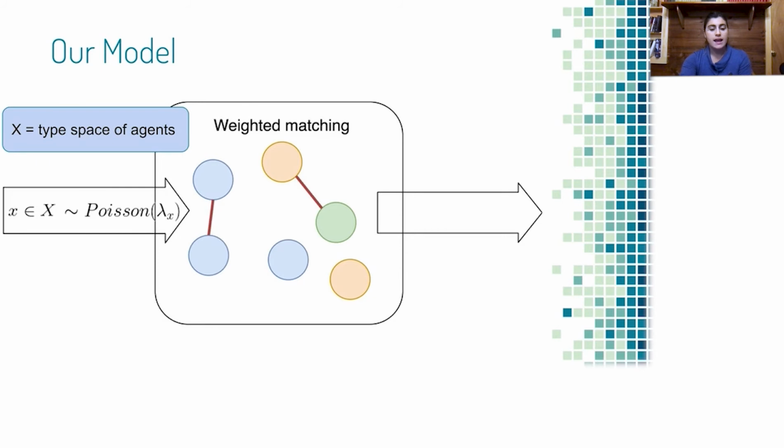So some type X arrives with a Poisson distribution of rate lambda X. Every node in the system will depart with departure rate some mu X. And finally, the matching weight is determined by the type. Any two given types X and Y, if you match them, you get match weight V_xy. Let me also say that our model works for general graphs, not just bipartite.